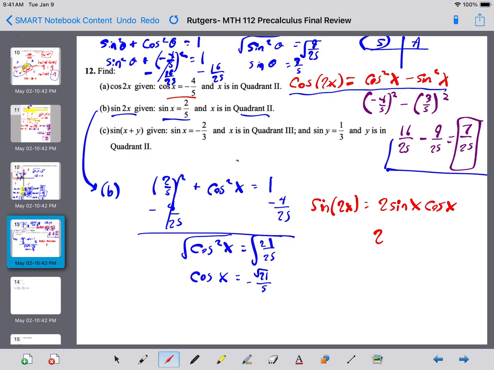So we have 2 times 2 over 5 times negative radical 21 over 5. That would be negative 4 radical 21 over 25. So that would be your answer to B.